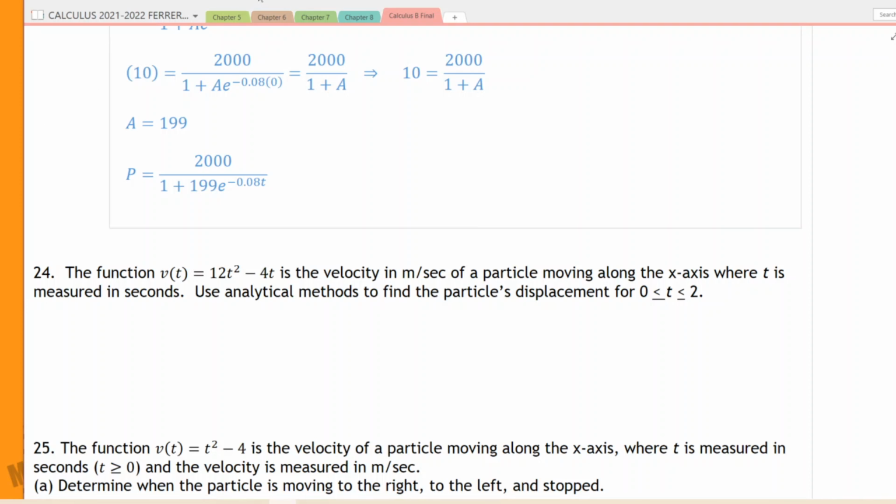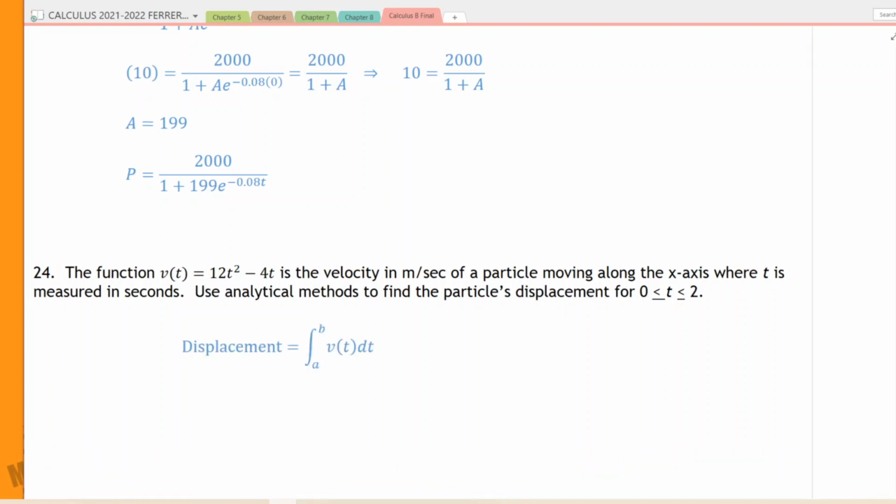I'm seeing displacement, and we remember the displacement is just the integral of the velocity. To bring it back to the fundamental theorem, it's equal to the position at b minus the position at a, which is the change in position.